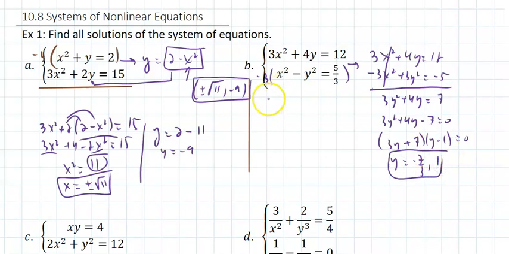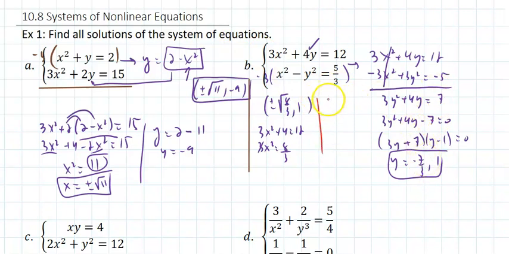If y equals 1, plug y equals 1, you get 3x squared plus 4 equals 12. 3x squared equals 8. Divide by 3. x will equal plus or minus the square root of 8 over 3. You could rationalize if you want.